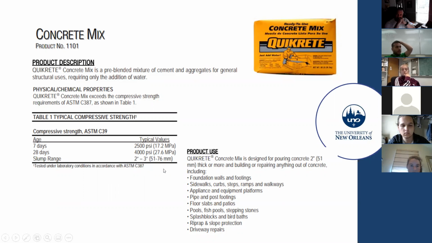And I know already, right off the bat, the 7 day strength is not going to be 2,500. If it's more than 3 inches, it means it has more water inside, and the 7 day strength will be less than 2,500. But if the slump is less than 2 inches, that means I added less water, and the strength will be more if the curing condition is okay.